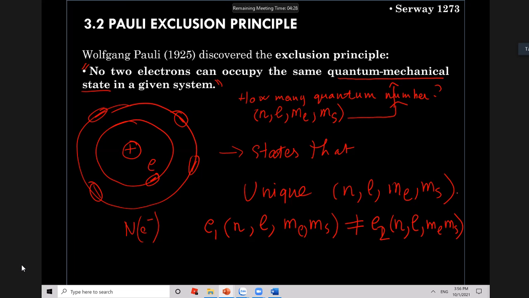Yes. And you need to remember the Pauli exclusion principle. In this case, you consider a closed atom, or an individual atom.